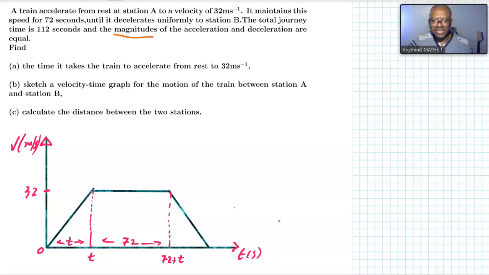And we also know this point will be 112 because we are given that. If we subtract 72 from 112, we're going to get 40, so the remaining time is 40 minus t that way.